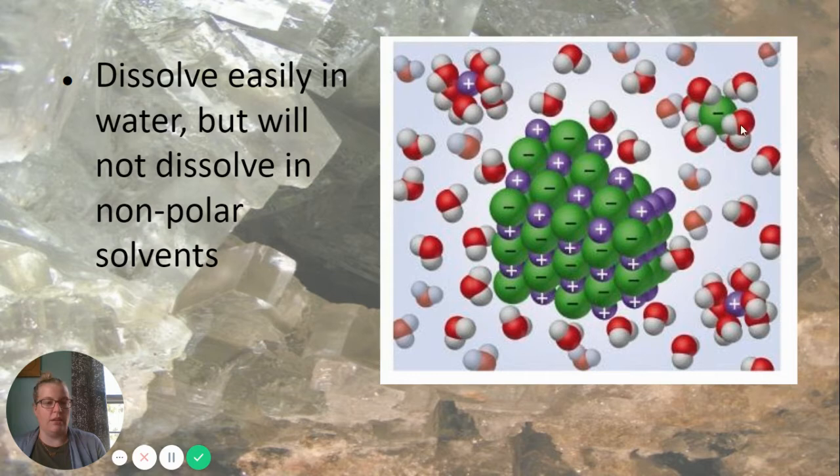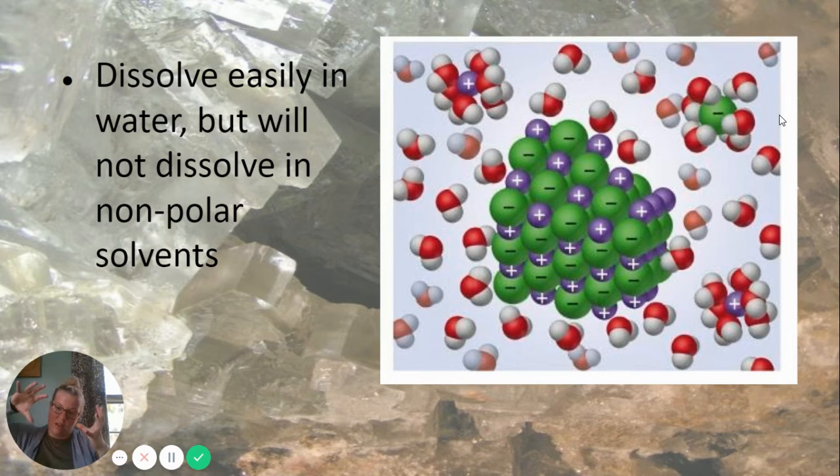What you see here, where my cursor is, is a negative ion, that's our Cl. And the white sides of water are the positive ends of the H2O molecule.